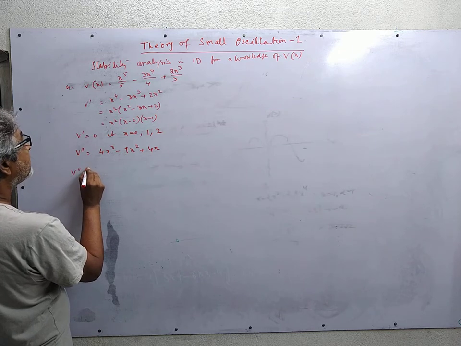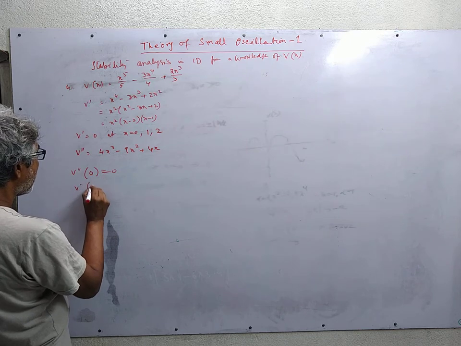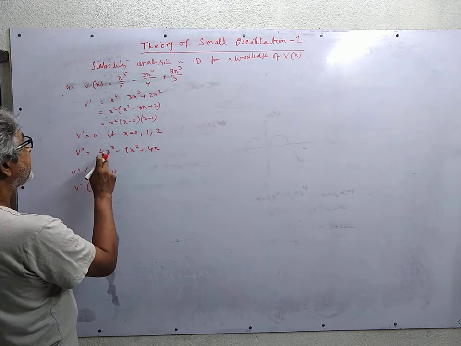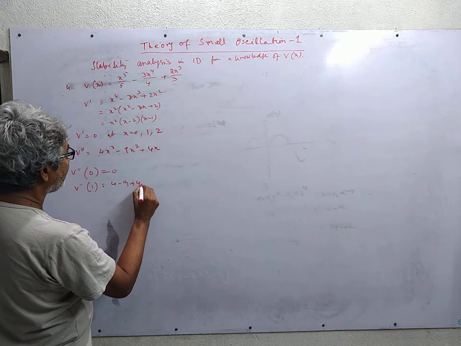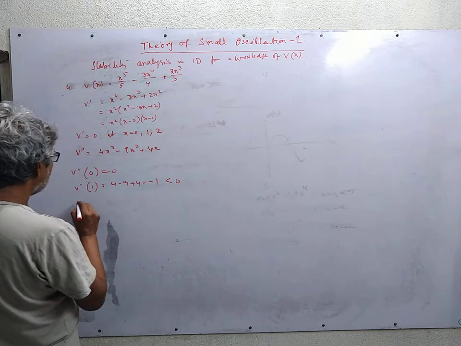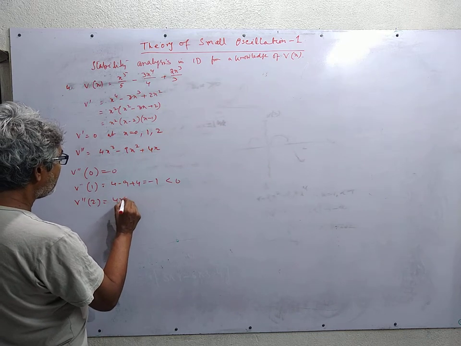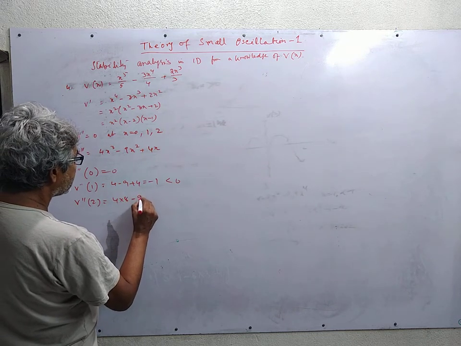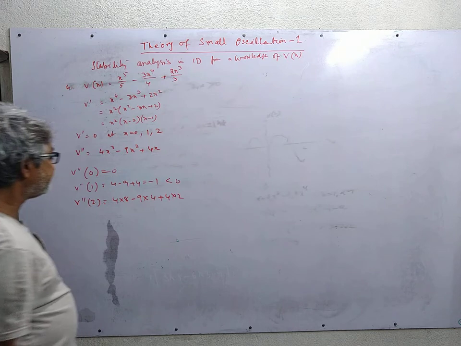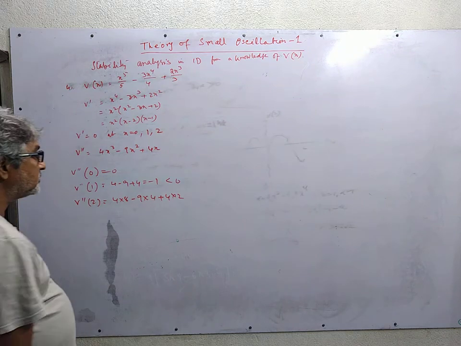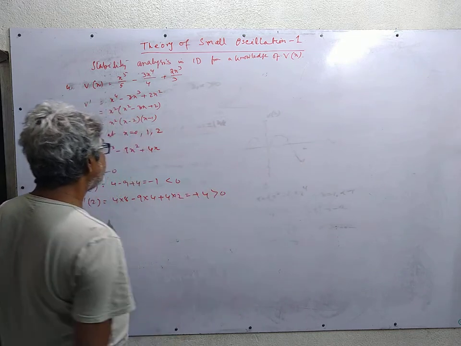So V double prime at 0 is 0, V double prime at 1 is 4 minus 9 plus 4, which is equal to minus 1, which is less than 0, and V double prime at 2 is 4 into 8 minus 9 into 4 plus 4 into 2. This is plus 4, greater than 0.